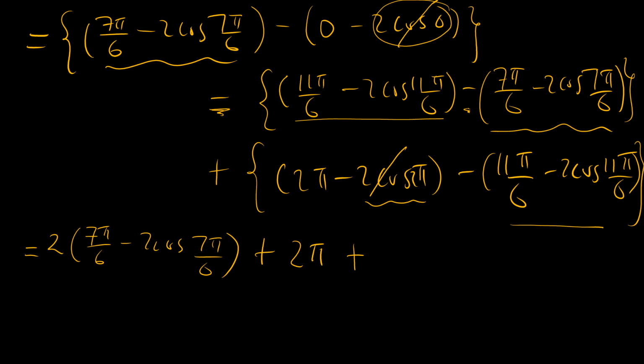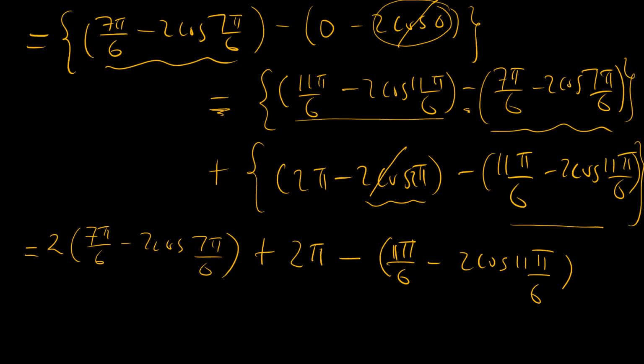Okay, so let's, it becomes negative 11 pi over 6 minus 2 cos 11 pi over 6.